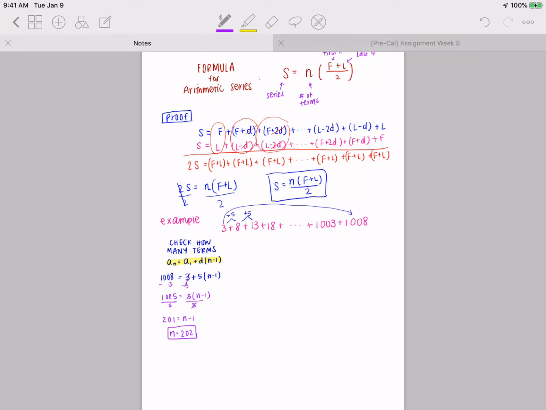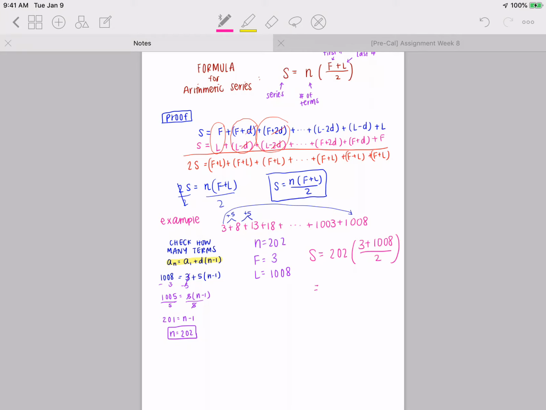Looking at my formula, I have n equals 202. I need f and l, and then I can substitute everything into my function. First number is 3, last number is 1008. So substitute everything in the function. We have s equals 202 times 3 plus 1008 over 2.